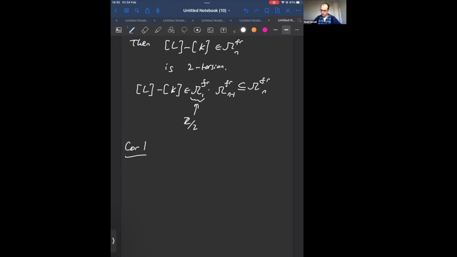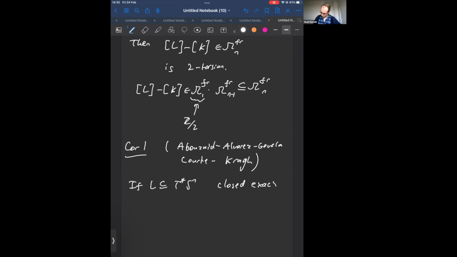So the first corollary was already known due to different methods by Abouzaid, Alvarez-Gavela, Courte, and Kragh, which is that if L inside the cotangent bundle of a sphere is a closed exact Lagrangian, then the frame bordism class of L is again in this same subgroup.